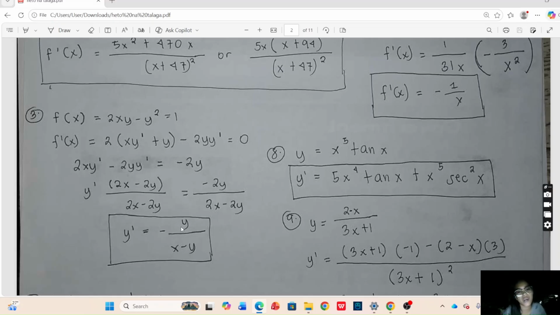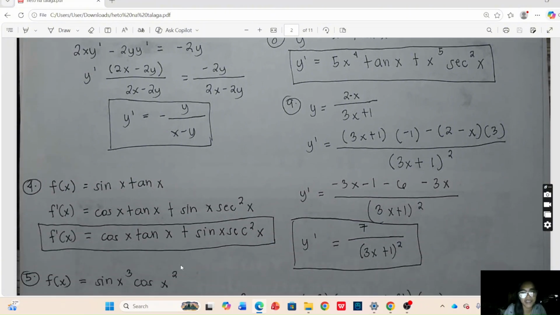For the term 2xy, apply the product rule, so the derivative becomes 2 times the quantity x times y prime plus y. For y squared, apply the chain rule, resulting in 2y y prime. After differentiating, group all terms containing y prime on one side, factor out y prime and solve for it. So our answer is y prime equals negative y over x minus y.